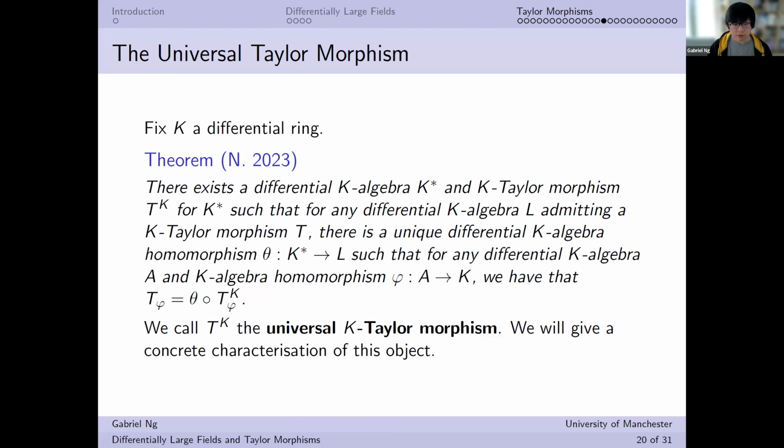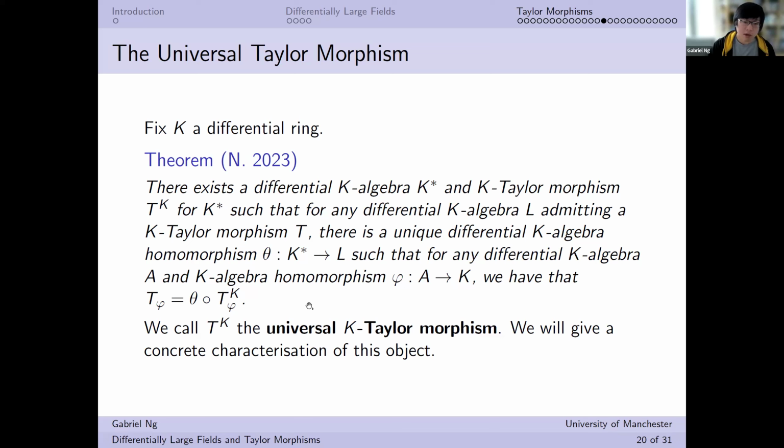So I'll say a few words about how this is proved to give some intuition as to why this is true. It turns out that you can construct some diagram in the category of differential K-algebras such that every K-Taylor morphism corresponds to a co-cone of this diagram.